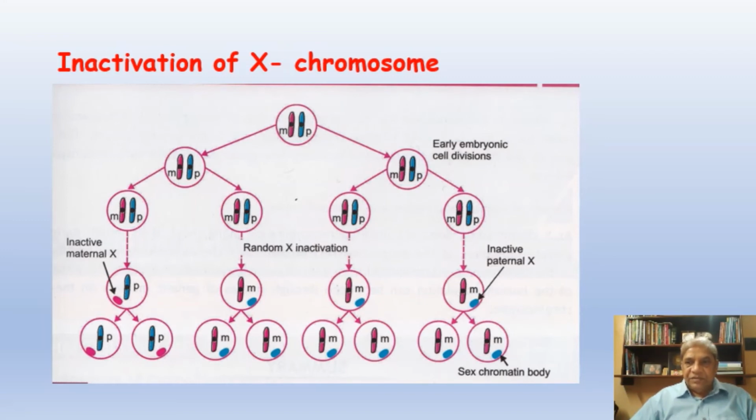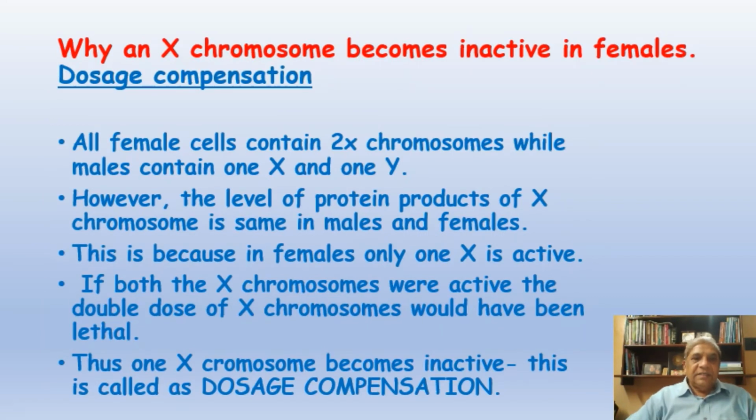Right, moving to the next slide, and this is the last slide. Now the question comes: why does an X chromosome become inactive in females, only in females? Why does an X chromosome become inactive in normal females, and also where XXX are present?